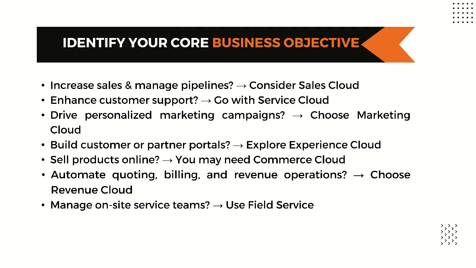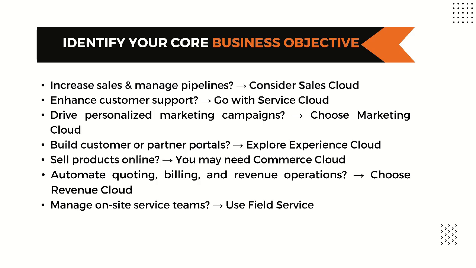Let's say the customers want to send out bulk emails and run marketing campaigns, then choose Marketing Cloud as an option. Let's say the customer requires portals, for example self-service, that's when Experience Cloud comes into the picture.